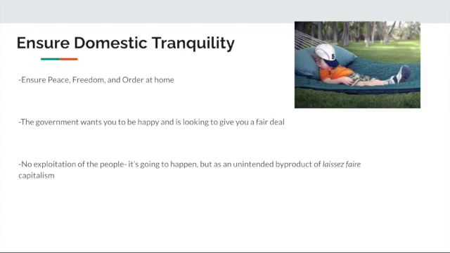Everyone, like we said earlier, will be treated equally. We don't want to exploit the people, but laissez-faire capitalism, especially until we get to really the 1890s, 1900s, is going to be there and is going to lead to the exploitation of people, but laws will enable us to eventually stop that. So that's a quickie.